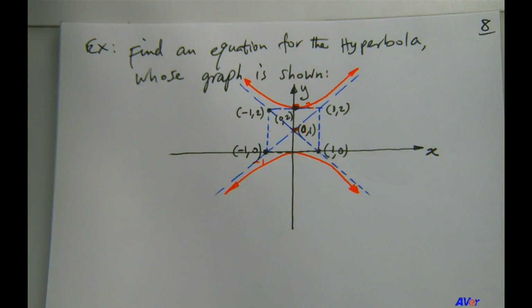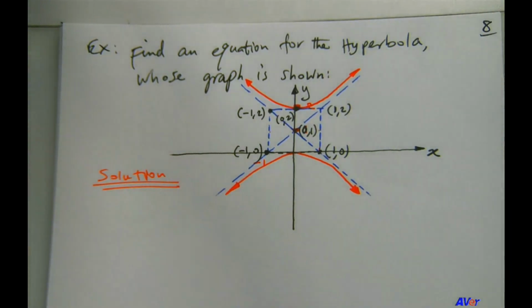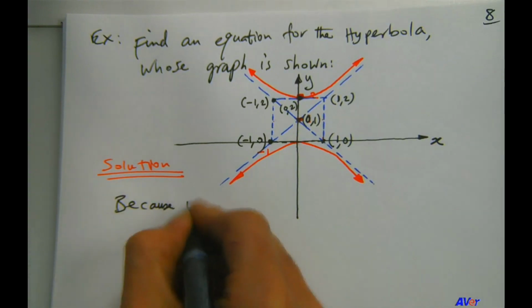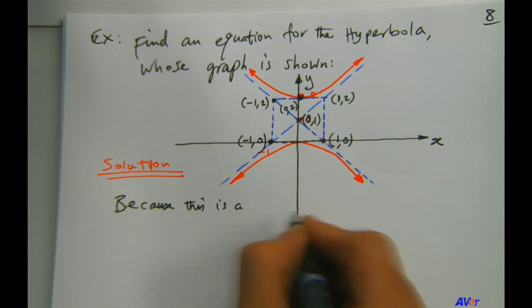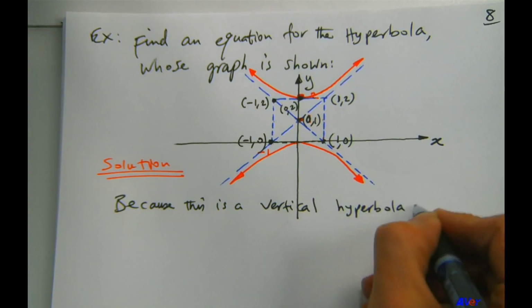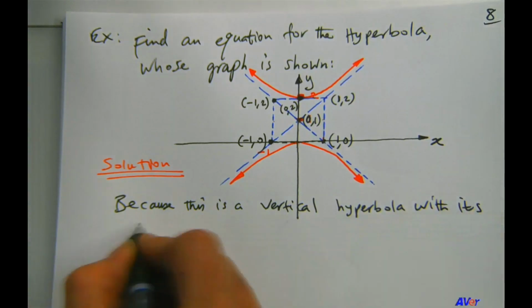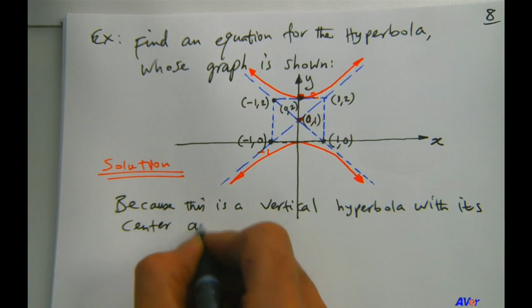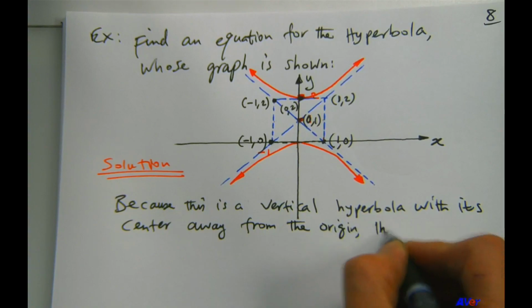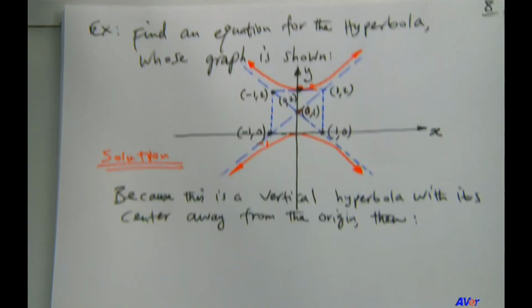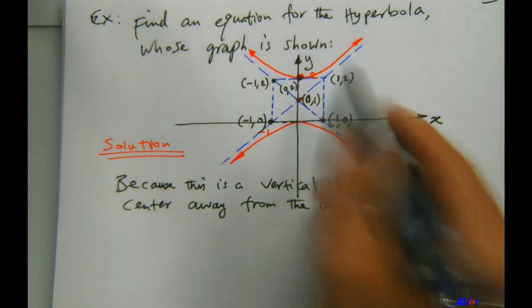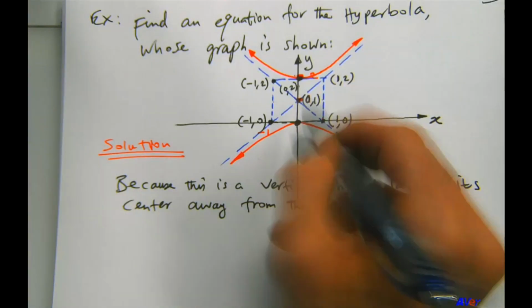Well, first of all, because this is a vertical hyperbola with a center away from the origin, in this case the vertices, this vertex and this vertex, are along the y-axis, right?